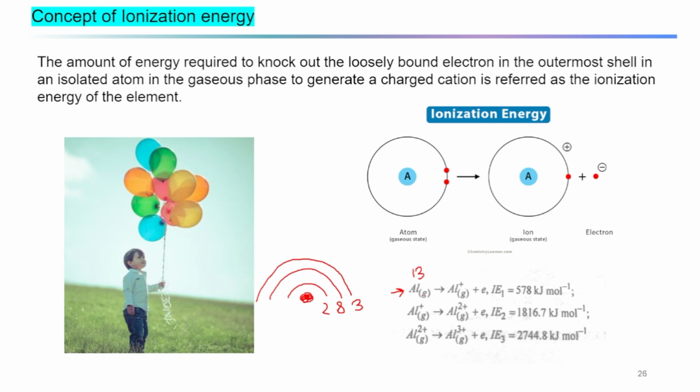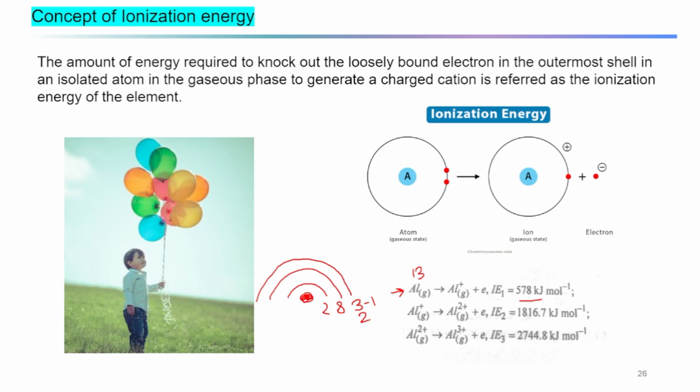So what are we doing? First, we are taking 1 electron, and the ionization energy is this 578 kilojoule per mole. Now, when we are taking 1 electron, we are doing 3 minus 1. So in the last shell, now we have 2 electrons. If there are fewer electrons and more protons, we know in the case of cations, the electrostatic interaction will be more, and those outermost electrons will now be tightly bound.